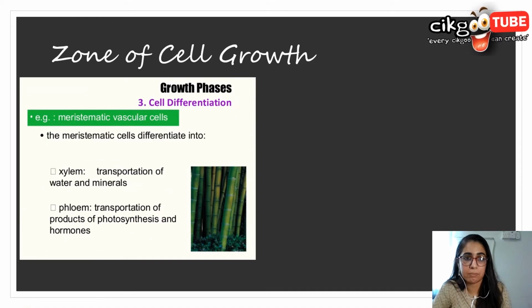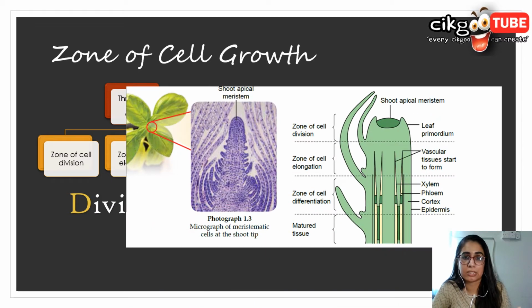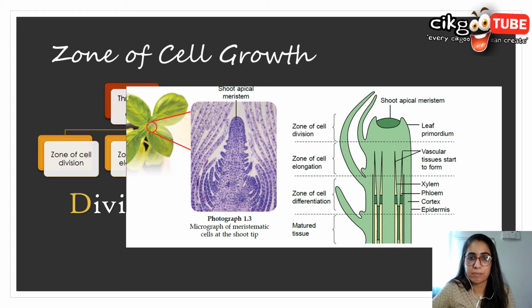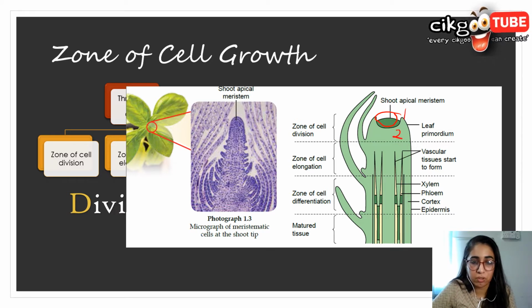So if you look at the picture, this is the differentiation between xylem and phloem. So this is for the roots; now for the shoot. If you look here, we have the zone of cell division. Now, this is the shoot apical meristem. This is number 1. Number 2 here is the zone of cell division. Then we have the zone of cell elongation, where the vacuole becomes enlarged and the size goes to maximum capacity.